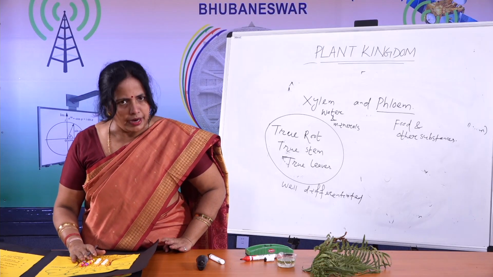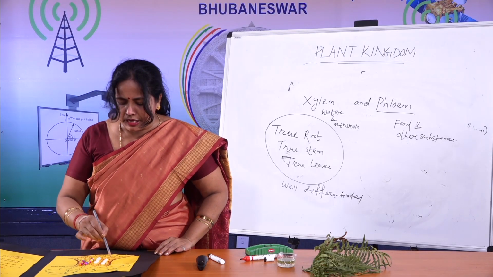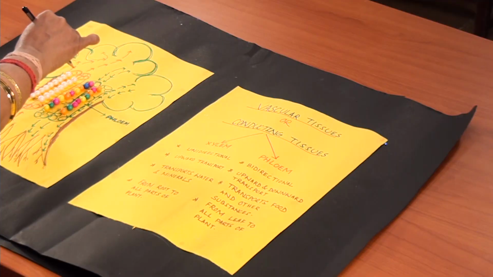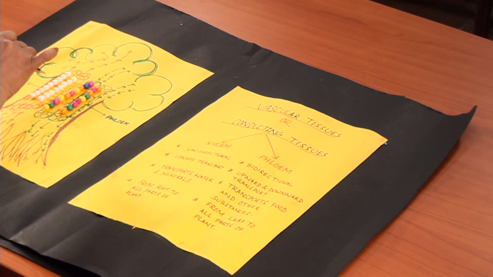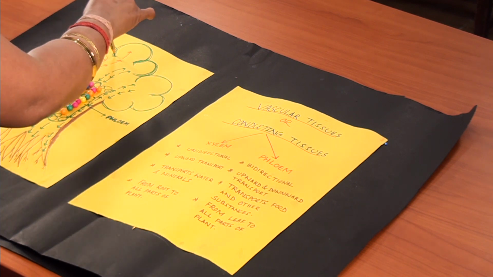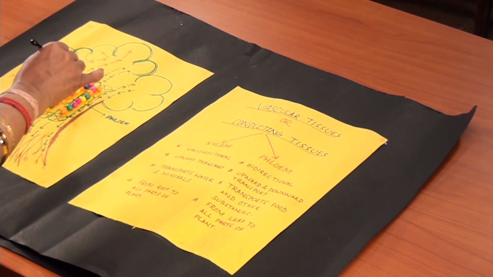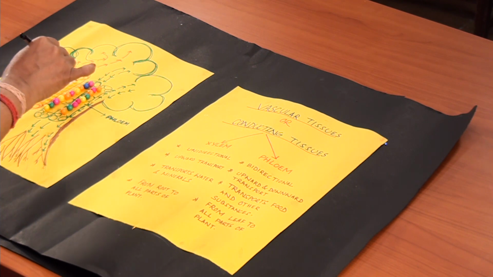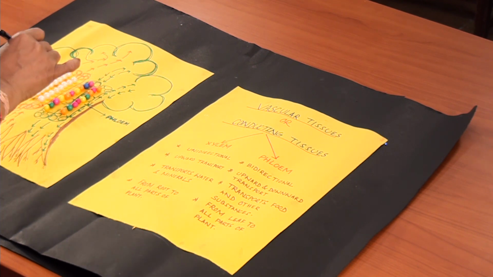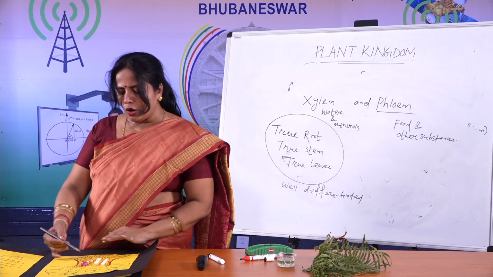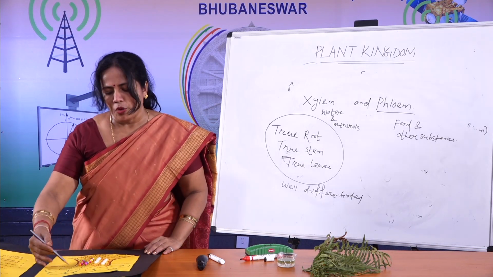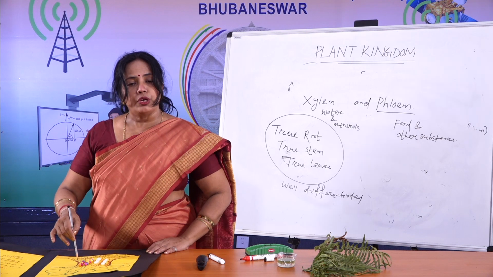Phloem transport is bidirectional, and in xylem transport, you mark here, only water molecules and the minerals dissolved in it are carried. So this is upward conduction, right? And here these are the different types of substances, carbohydrates, fats, proteins, amino acids, etc. They are carried in all directions, right? Upward as well as downward. Who is transporting?